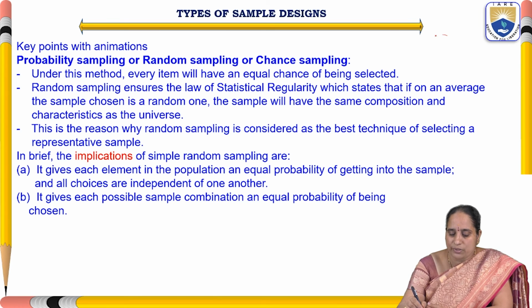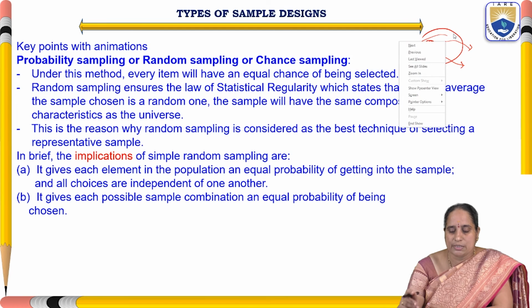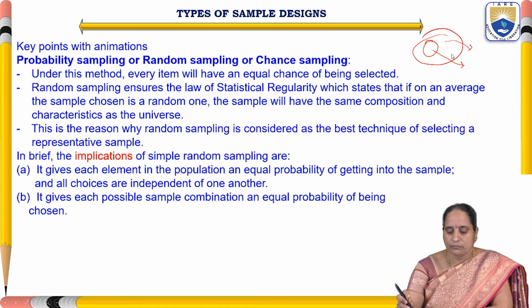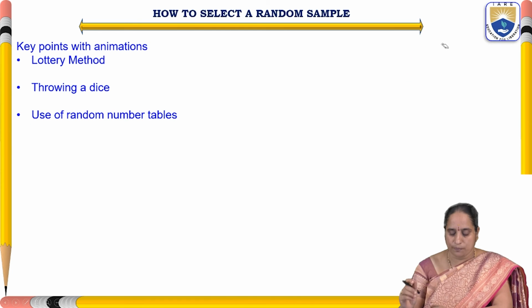Whenever you pick a sample from the universe, this sample belongs to the same population. So whatever the characteristics of the population, the same characteristics we also find in this sample.